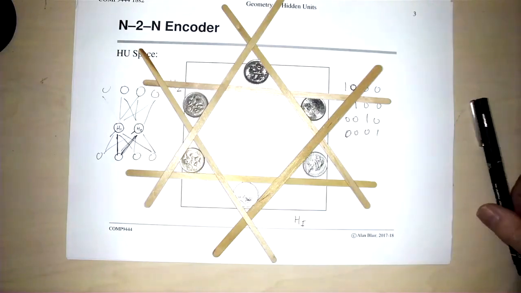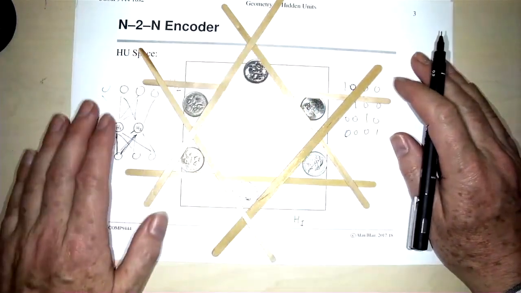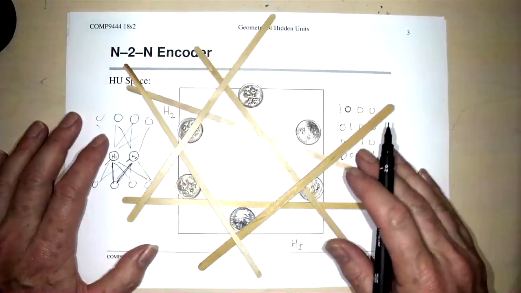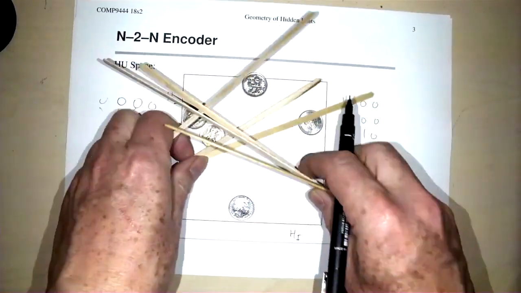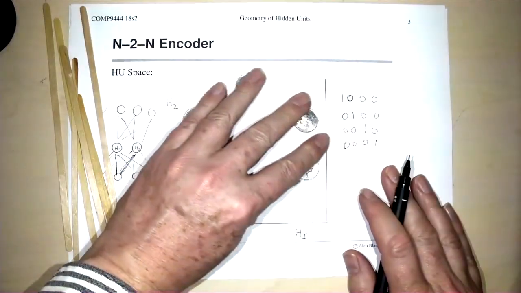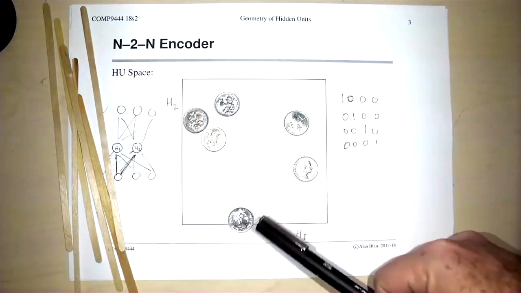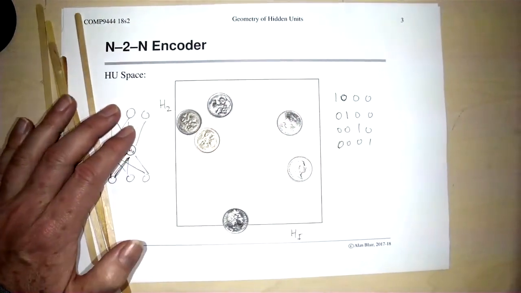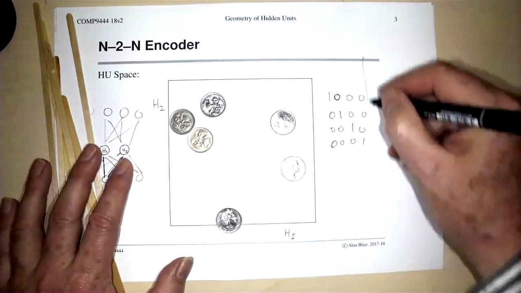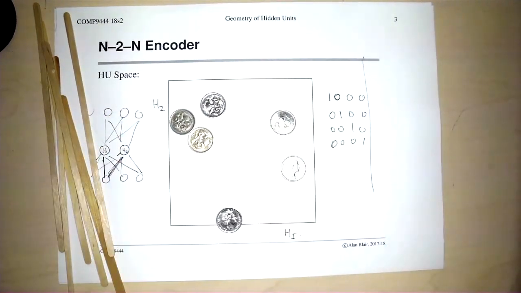Because you're interested, I might mention a couple more things. If you really want to store a lot in here, this is not a very good encoding. There's a much better encoding where you have half ones and half zeros.